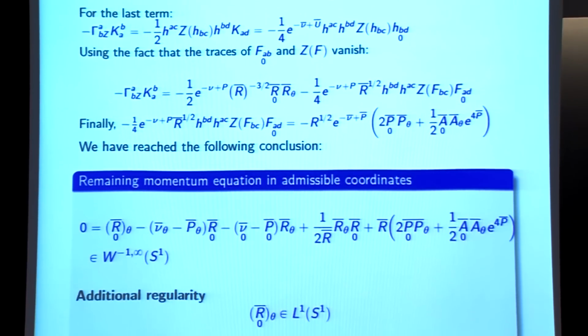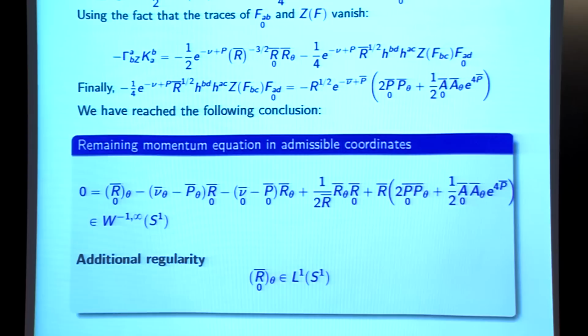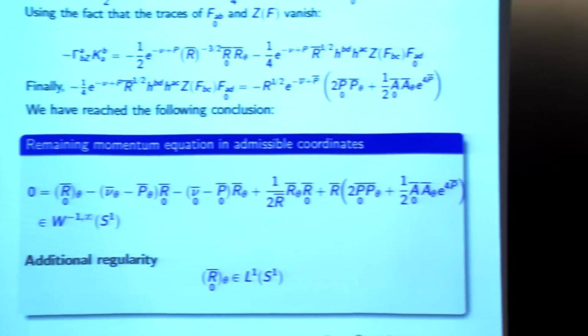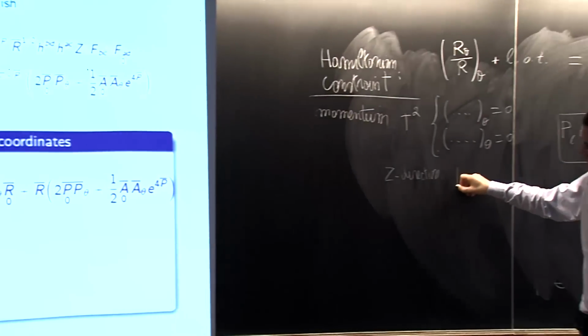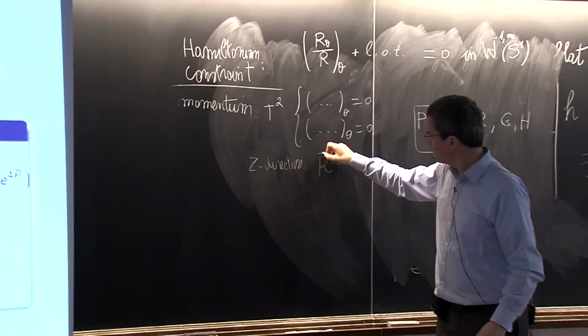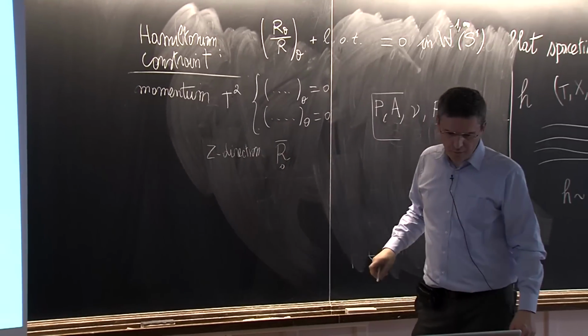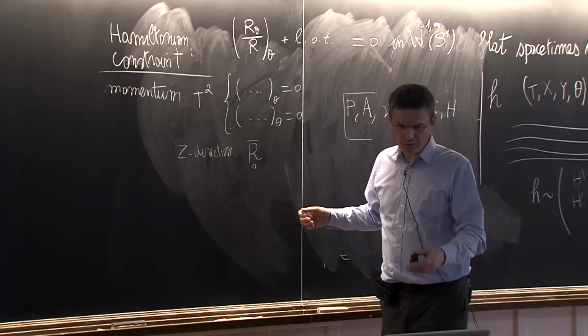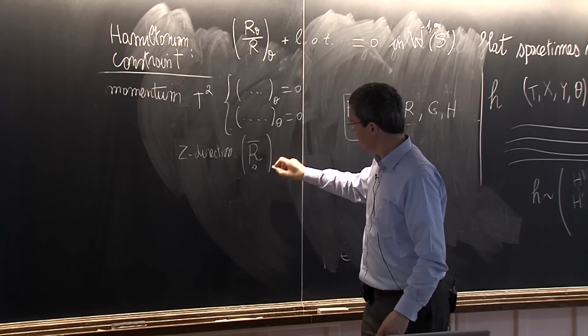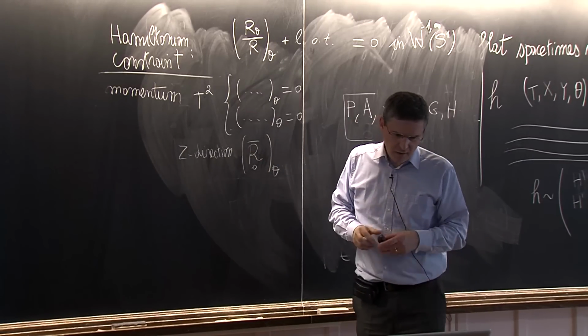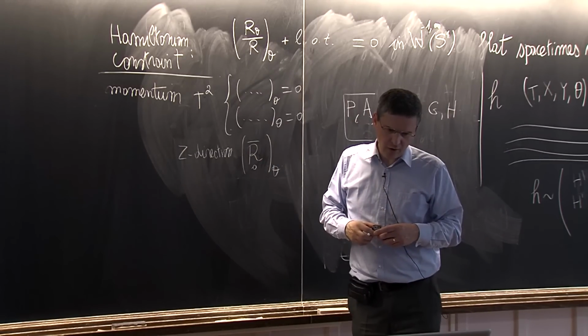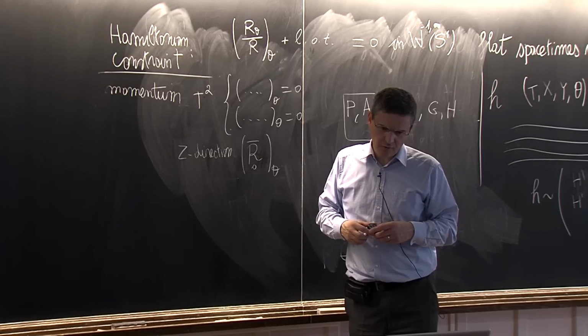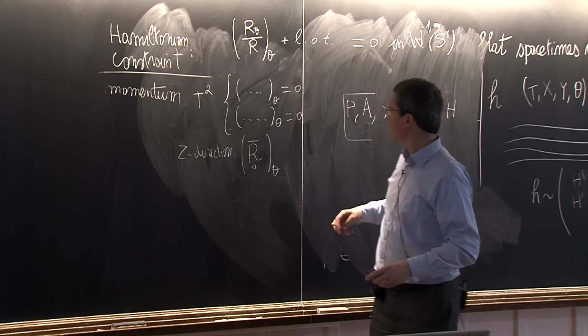You have now the momentum equation in the z direction, and it looks like this. You have this r bar 0 quantity. You can think of it as a time derivative, and you differentiate this with respect to theta. Again, you can consider that this is the most singular term.